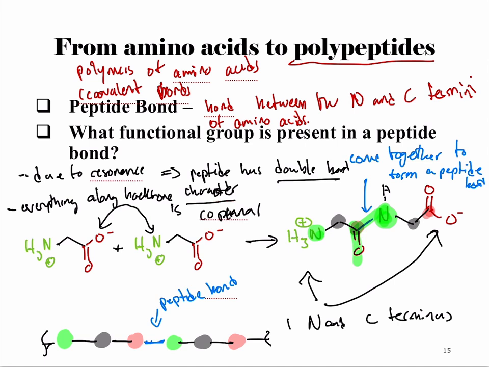So if I highlight this right here, this all exists within the same plane, and it's only the stereocenters, which are at the alpha carbon, that you would get the stereochemistry. Everything else is coplanar. Here we just have two glycines, so there are no stereocenters here, but everything along the backbone is going to be coplanar because of resonance.